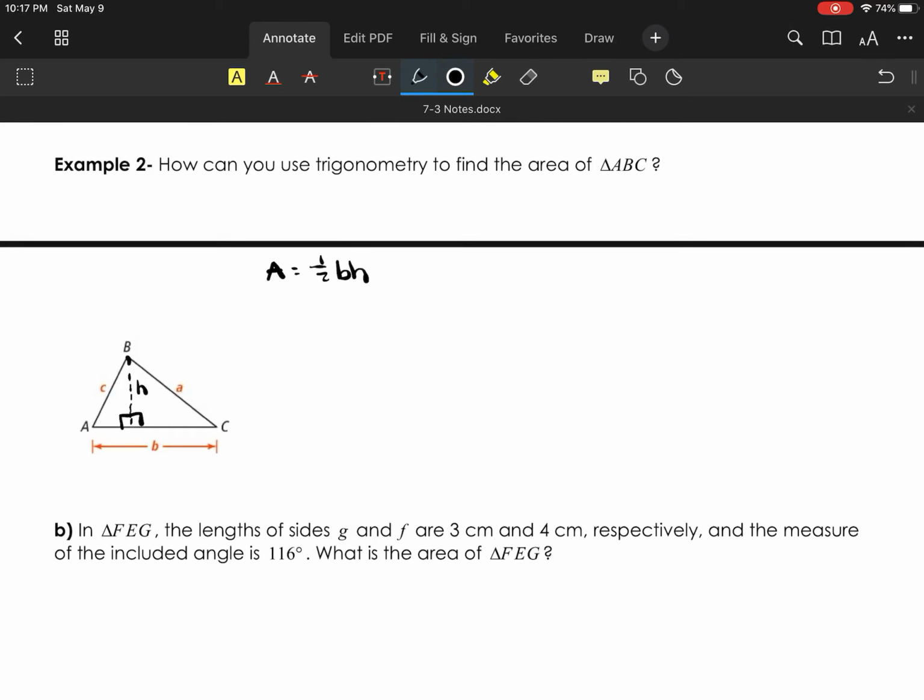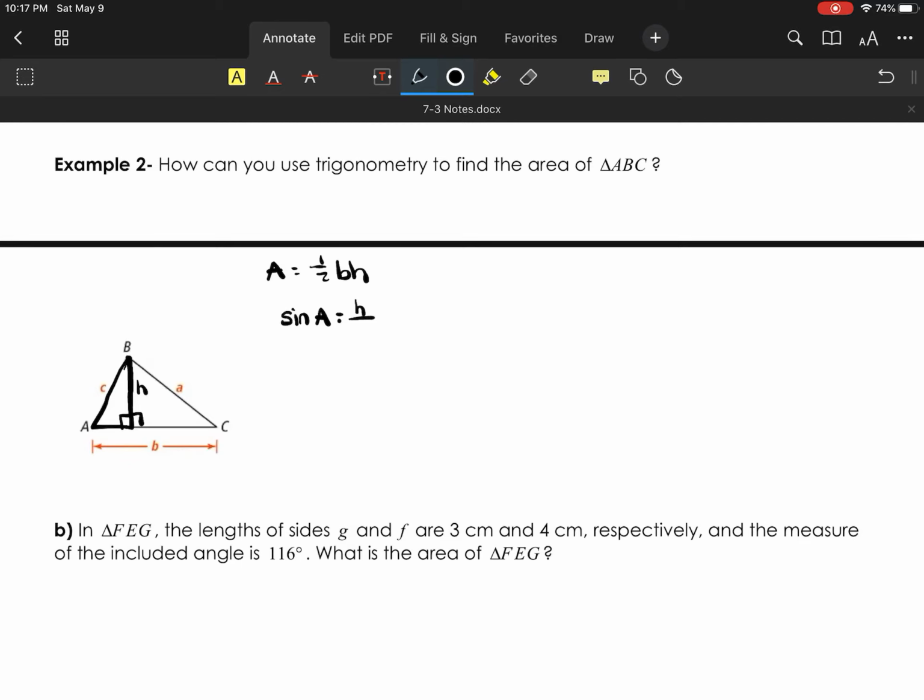So to figure out what H is, I could actually set up a trig function. I'm just going to go ahead and do it. I would normally have you guys really think about this in class, but can't do that. So what I'm going to do is I'm going to say sine of A, the angle in the corner.